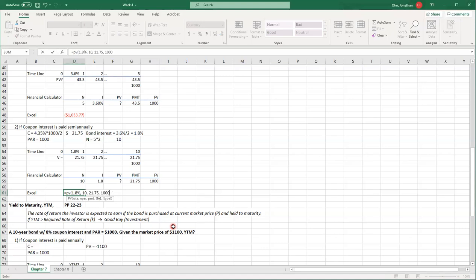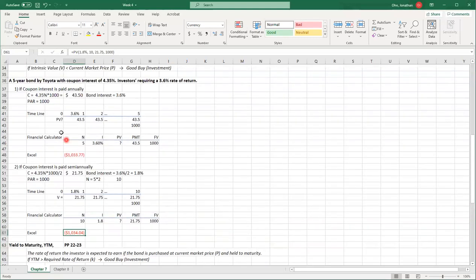So enter these four components and compute the present value. That's the bond value. You have $1,034.04.